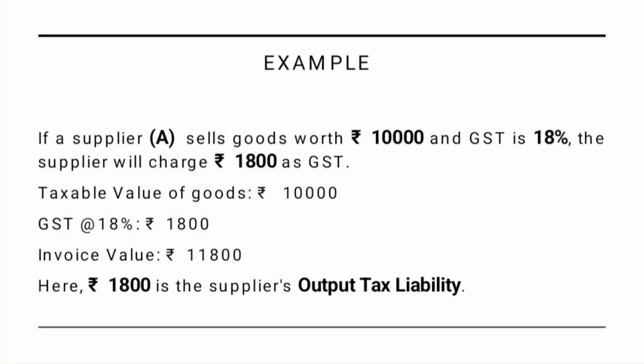Invoice value is taxable value plus GST, which is 11,800. Here 1800 is the supplier's output tax liability, meaning whatever tax is collected from the recipient will be paid to the government while filing its periodical return. Okay, clear? This example is continued.